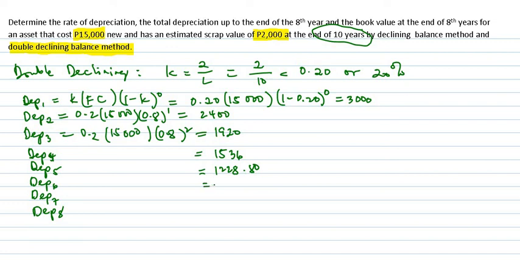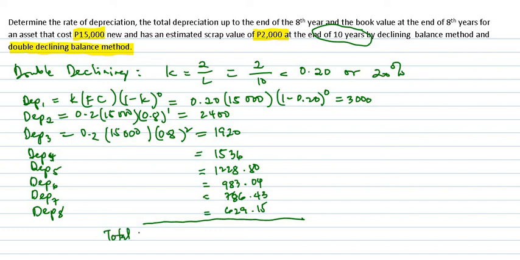For the sixth year depreciation, 983.04. For the seventh year depreciation, that is 786.43. And then for the eighth year, that is 629.15.